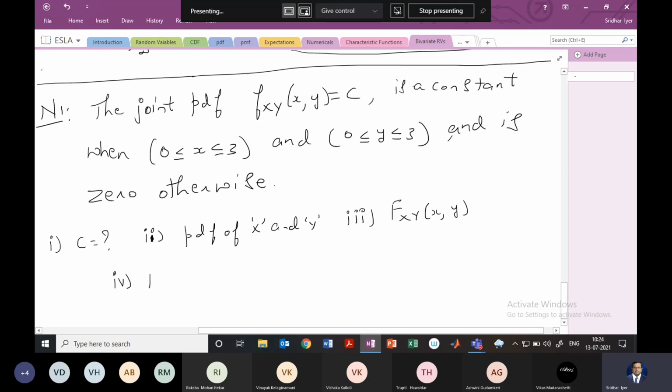Fourth, fxy of x comma infinity and fxy of infinity comma y. And the fifth one: are x and y independent?